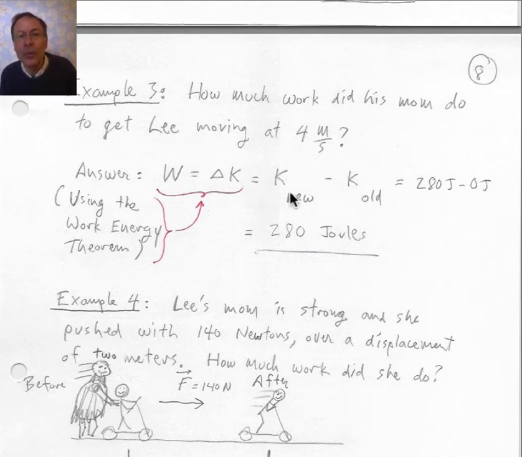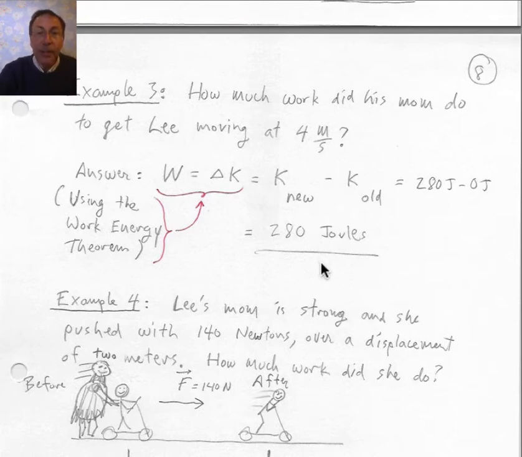Remember, change is always new minus old. The new energy is 280, the old energy was 0 joules, and so she did 280 joules of work. So that was getting the answer from the Work-Energy Theorem.